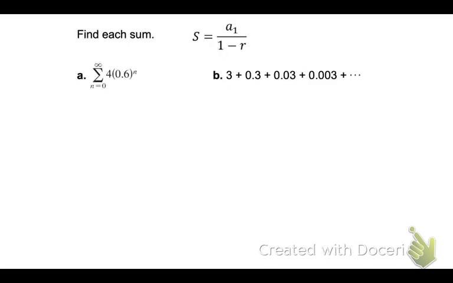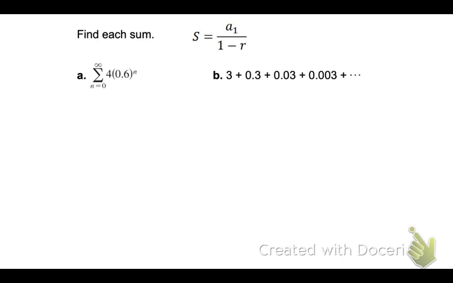Okay, so find the sum. And I know it's infinite because of what is on the summation? An infinity. I know the second one's infinite because of the dots. Okay, the sum from n equals 0 to infinity of 4 times 0.6 to the n.